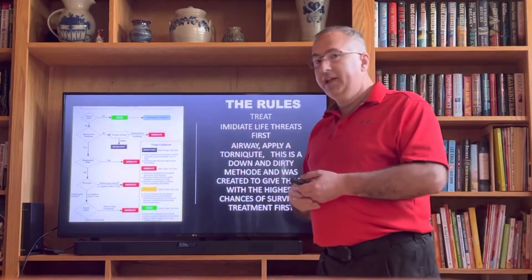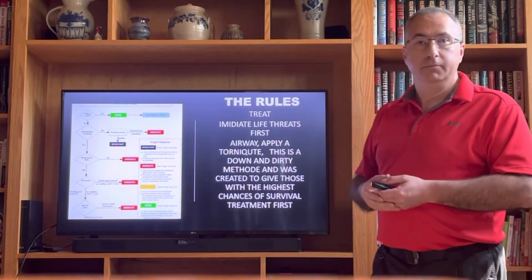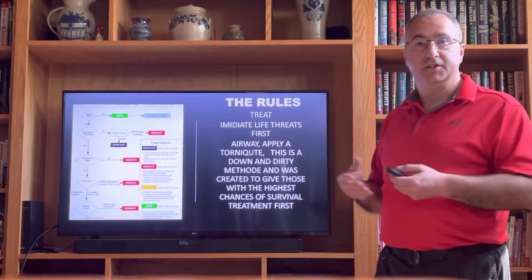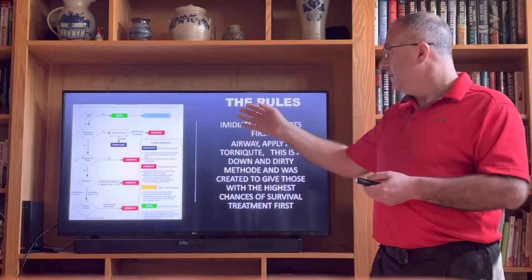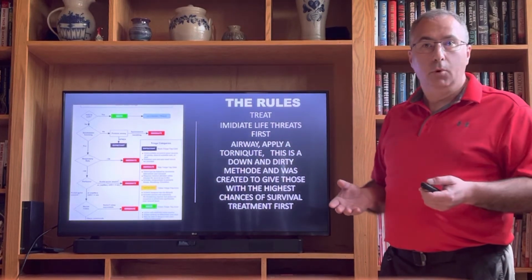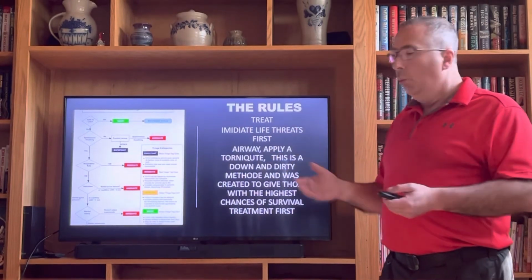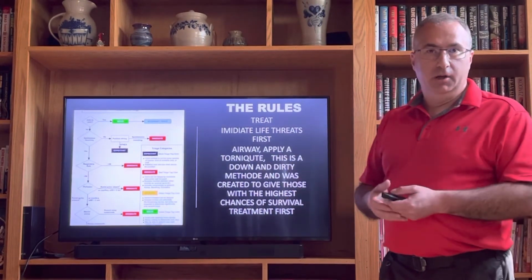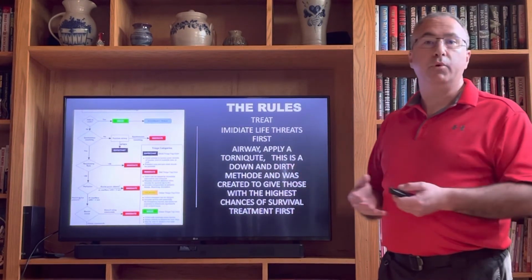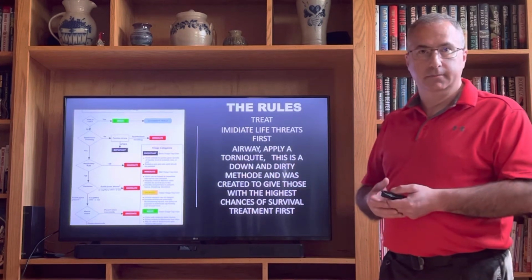What about immediate? All right. Are they breathing spontaneously? Yes, but maybe they have problems, right? Maybe they're not breathing as well as they should be. Do they have a respiratory rate greater than 30 or less than 10? Okay. What's their pulse? Do they have a radial pulse? Is their cap refill greater than 2 seconds?